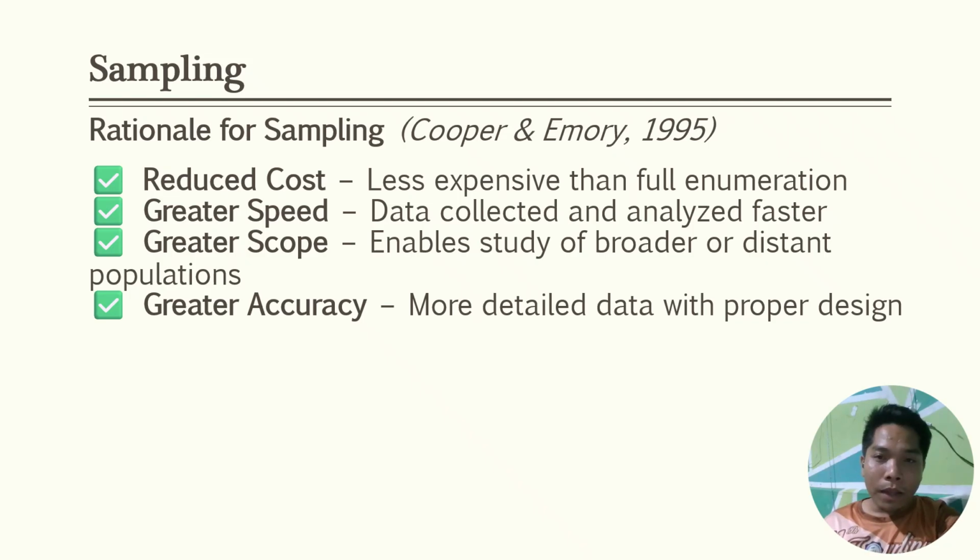By doing sampling, you can choose your participants within your target population. Again, it provides greater accuracy: more detailed data with proper design, since you planned it ahead and you already know your target population. So there is greater accuracy within the data you will be gathering later.